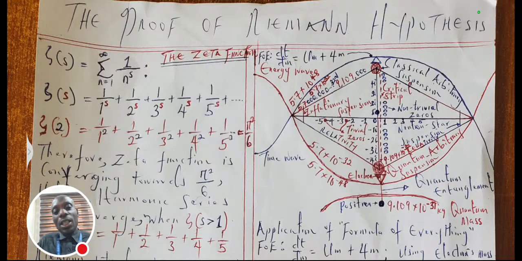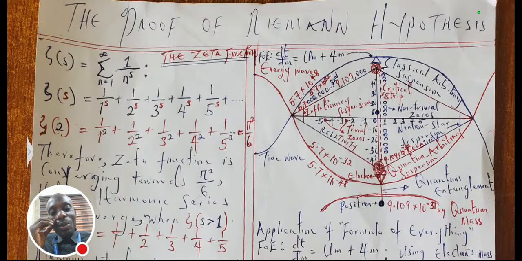So now basically we can get to see what is called the zeta function here. So basically it's going to be quite informative. It's going to be so enjoyable. You're going to like it.